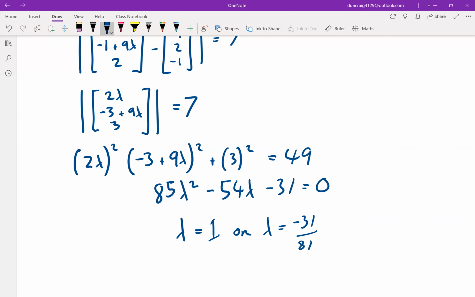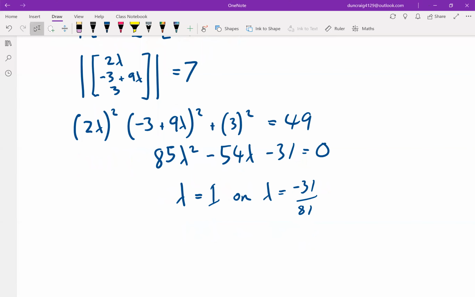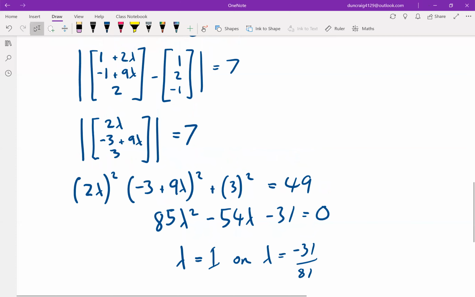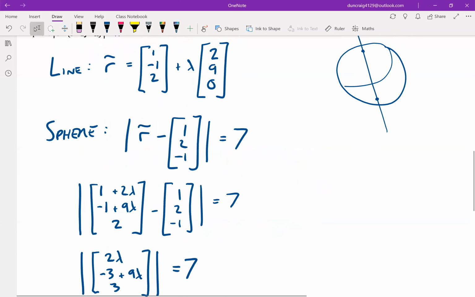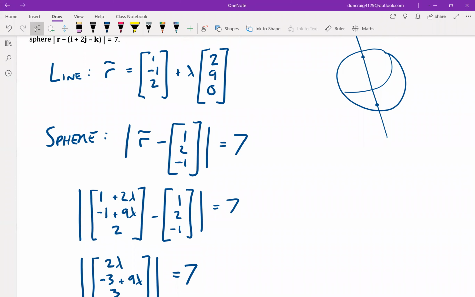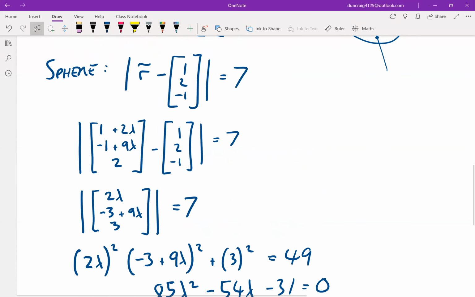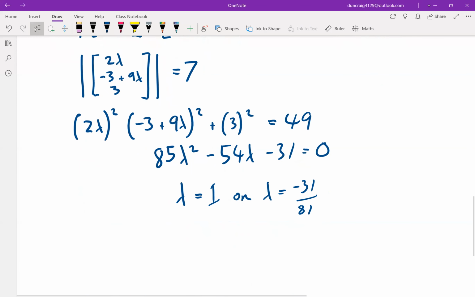So if we put those back in, if lambda is equal to 1, we put that back up into the line, and that would be (3, 8, 2).